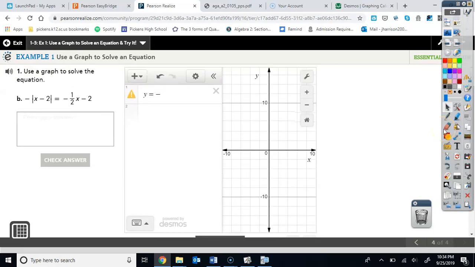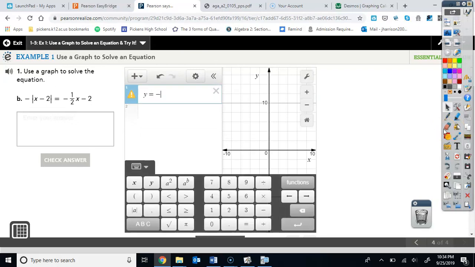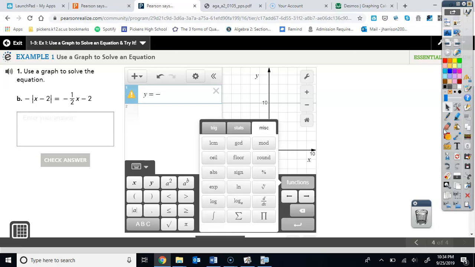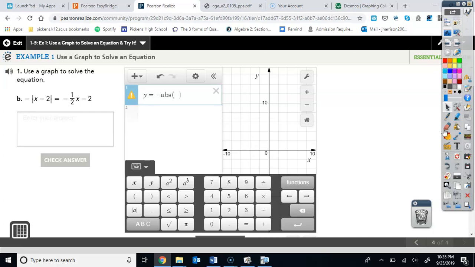You're going to have to take these little Desmos tools that come on this little keyboard, go to Functions. It's underneath Miscellaneous Absolute Value. You have other functions in here too, like exponential and logarithmic and things. But we're going to use absolute value. Then we're going to type in x minus 2.